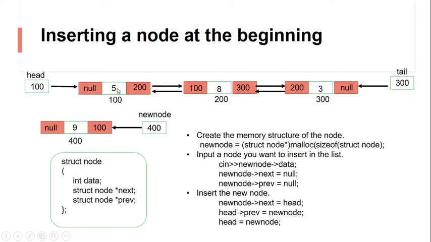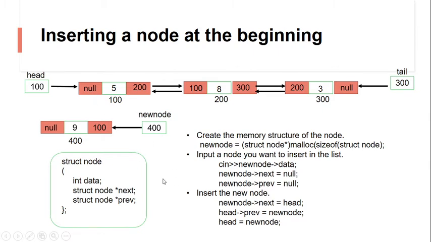Since 5 is the second node and 9 will become the first node, this null will become 400, and this one will remain null, but our head will become 400. So let's proceed with clicking it.